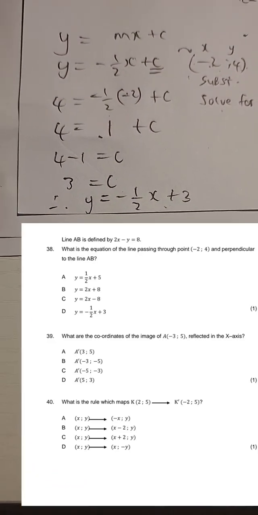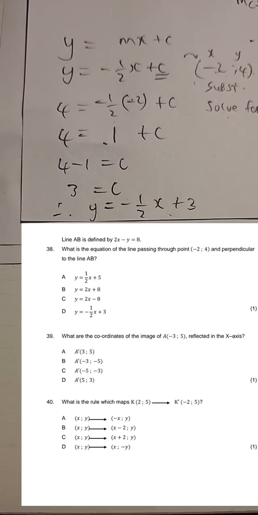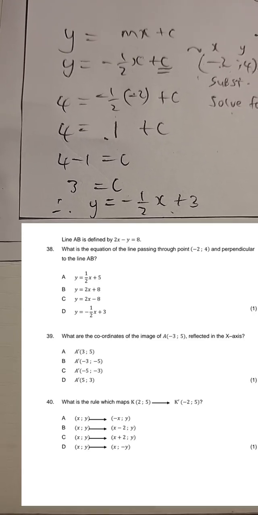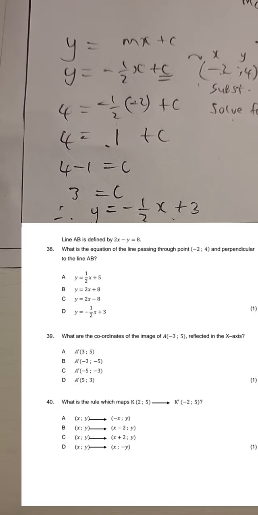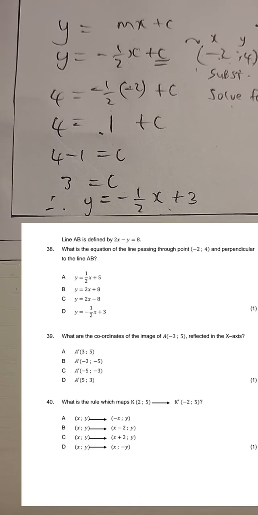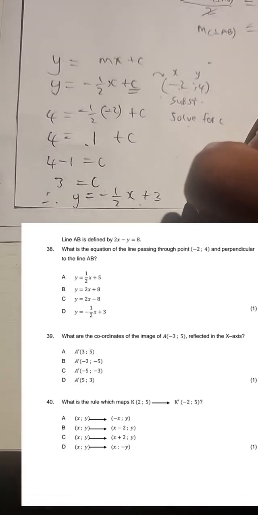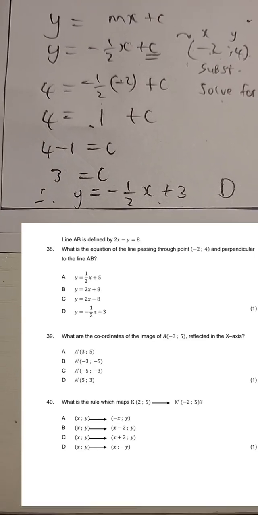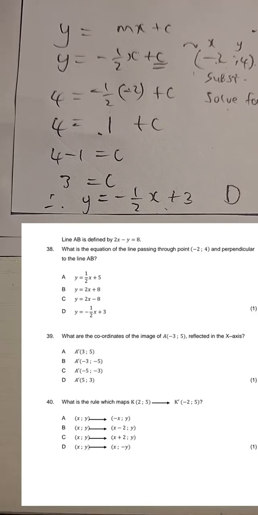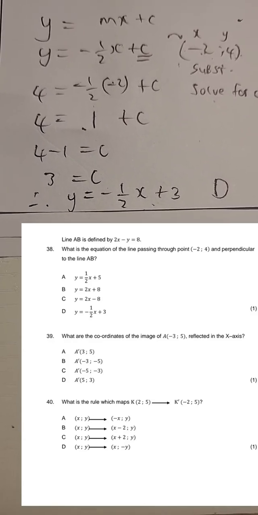Now go and choose the option. Is it A, y = half x + 5? No. Is it B? No. Is it C? No. Is it D? Yes, y = negative half x + 3. Finished.